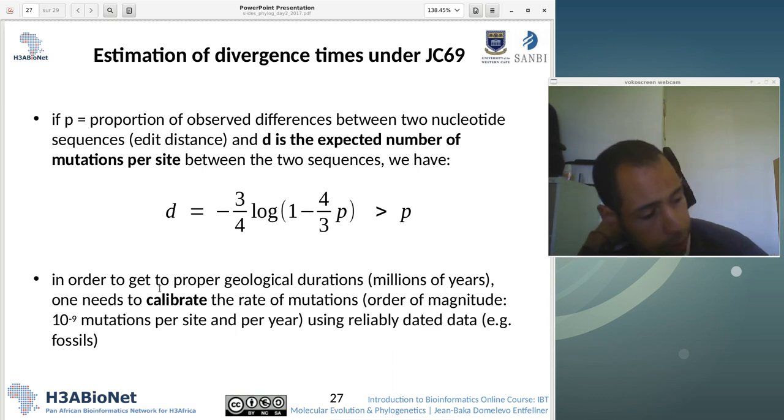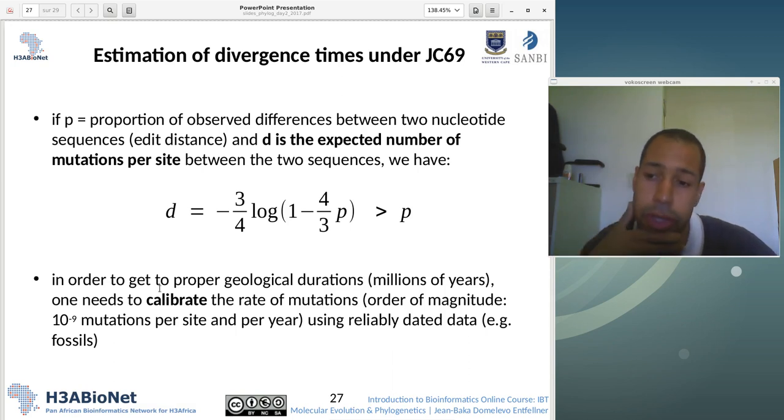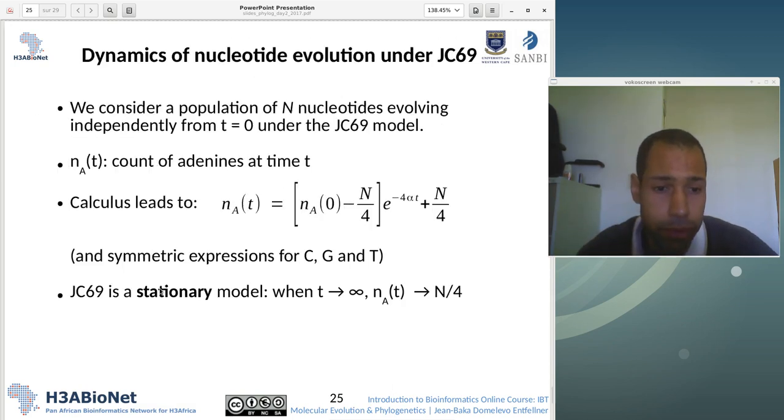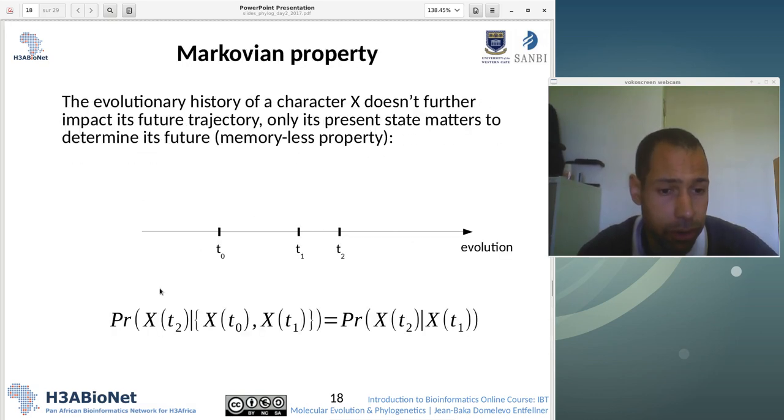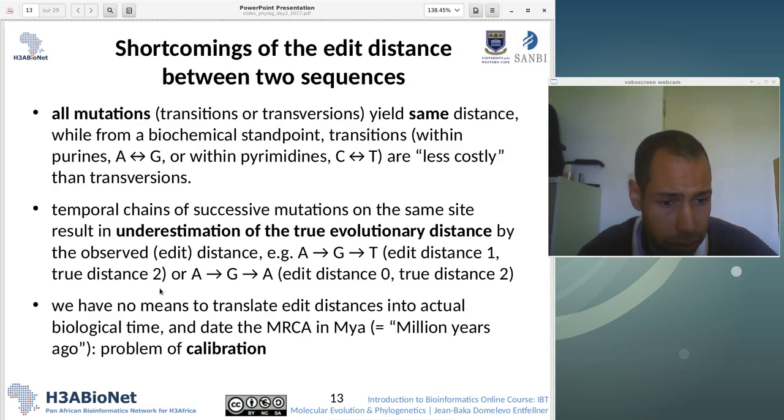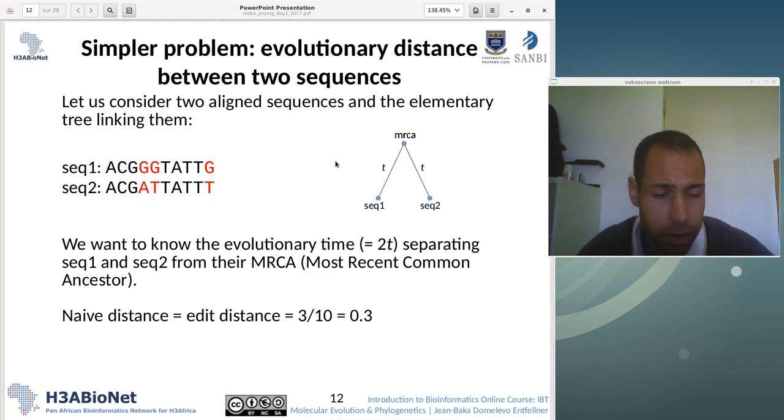So back to our initial problem. We had 2 sequences that were aligned. Remember, it's a slide way back, slide number 12. If you have this sequence aligned with this one, what is the evolutionary time separating these 2?